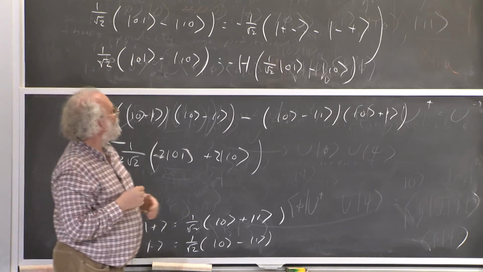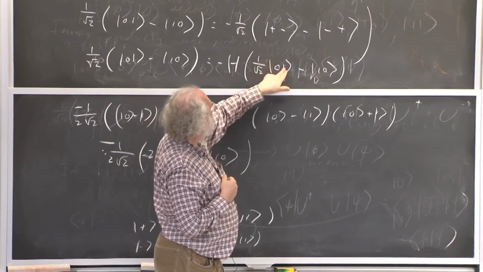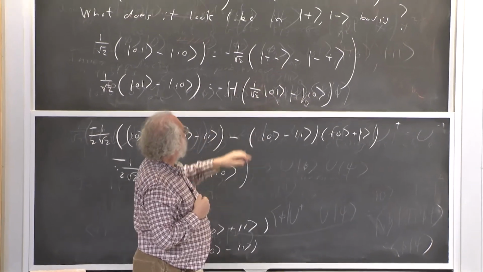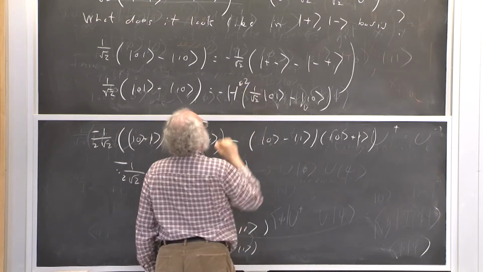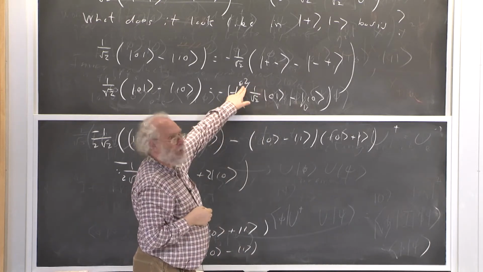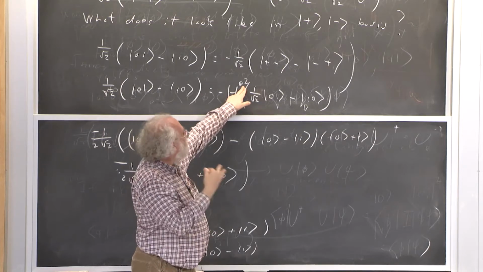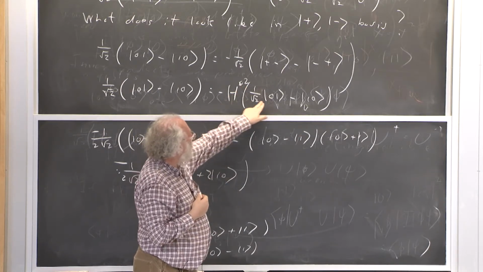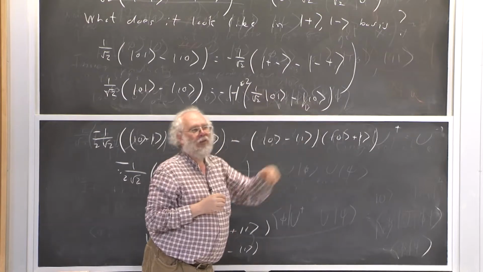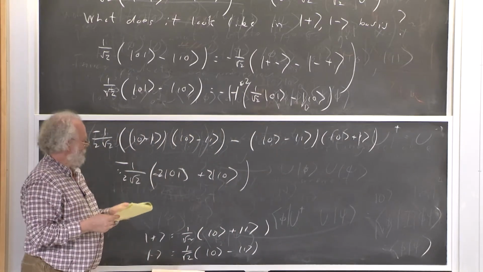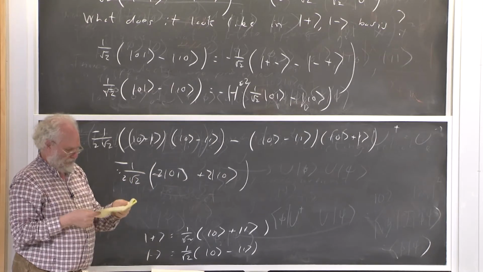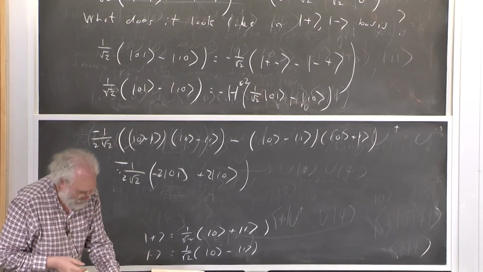So the Hadamard matrix is changing the basis from 0 to plus and 1 to minus. And I really should write the Hadamard tensor product with itself, because we're applying the Hadamard to both qubits.